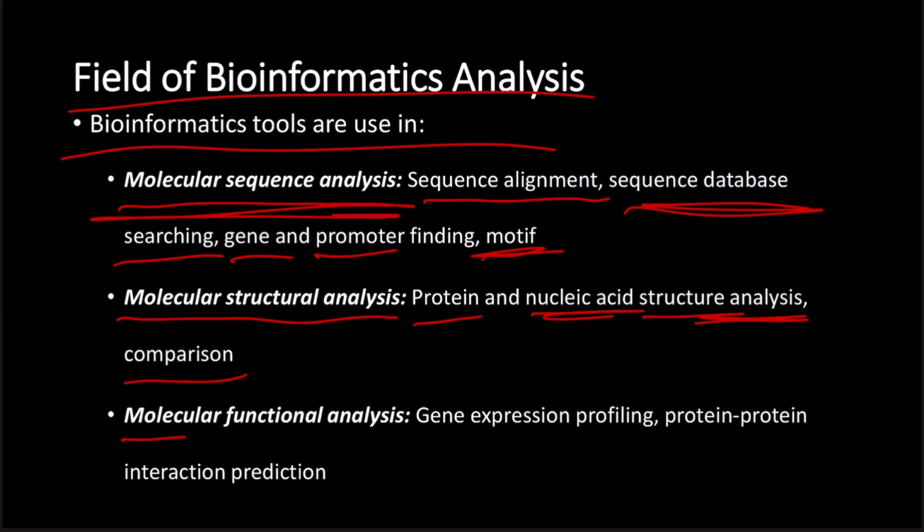Next is molecular functional analysis, that is it comprises gene expression profiling and protein-protein interaction prediction. Also it comprises the simulation of the metabolic pathway. So in this we have the KEGG pathway database, that is meant for elucidating the different pathways.